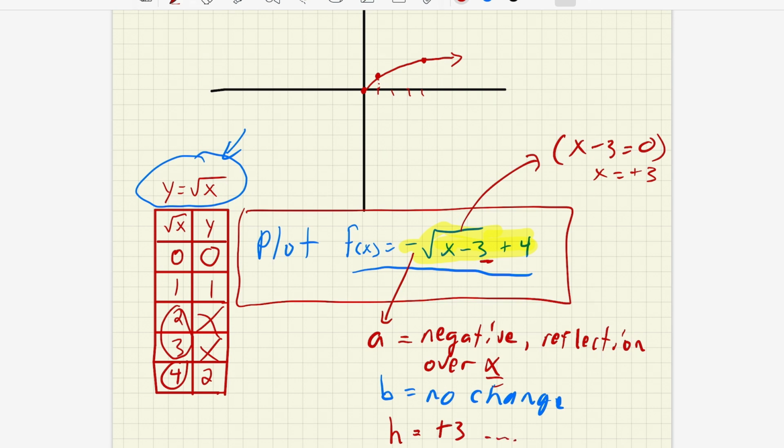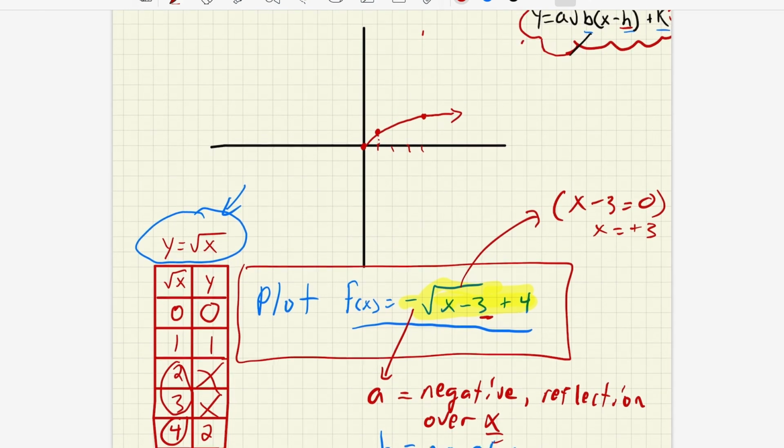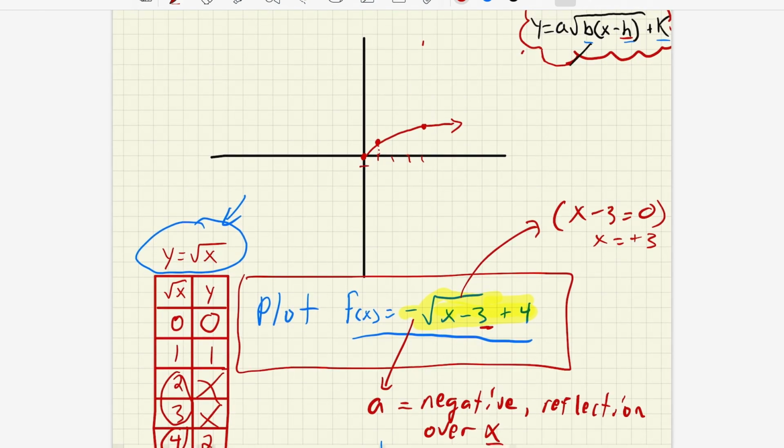And what that means is that the graph shifts to the right. And so every single point over here, the 0, the 1, the 4, that's going to shift 3 units this way. And when we actually apply it, you'll see what that means.